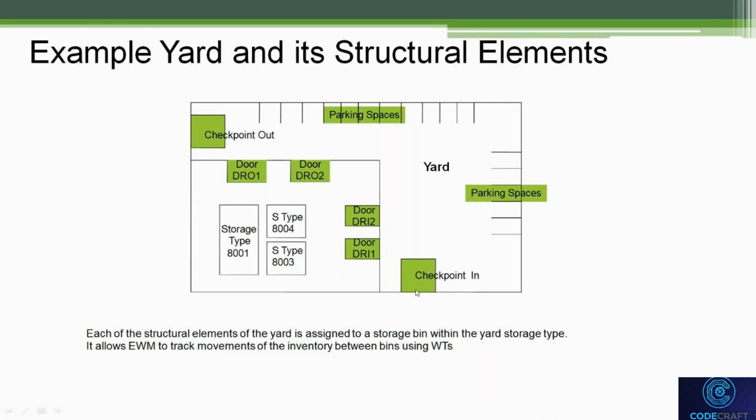A truck will have handling units and the delivery assigned to it, let's say inbound. So it will come in from the check-in. After the truck comes in from the check-in, we would either place it into the parking space or park it at a door and then unload the stock in the staging area.